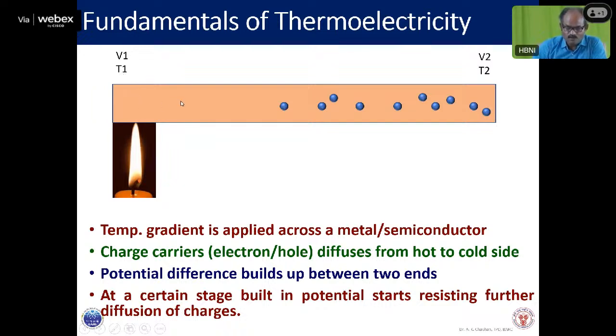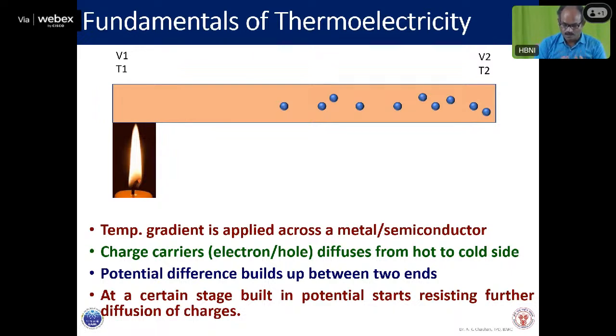So now further movement of electrons will be stopped because this negative potential will repel them. So at a constant temperature and after a certain time, a thermal equilibrium will be established, where this end will be at a fixed potential V2 and this end will be at a fixed potential V1.